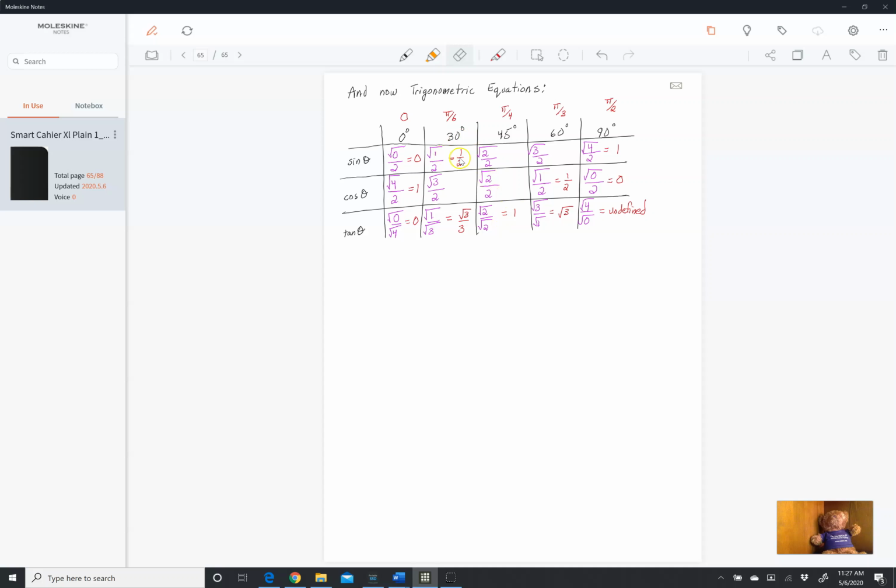Now remember, 0, 30, 45, 60, and 90 are all reference angles, okay? So these are all reference angles, and we're going to be using them as reference angles. And the way that we're going to learn to solve equations is we're just going to solve a bunch of them.